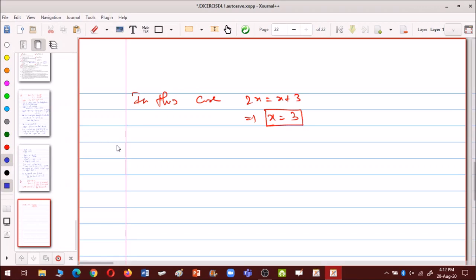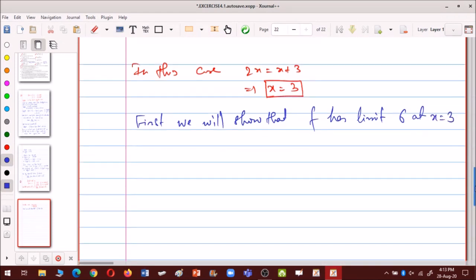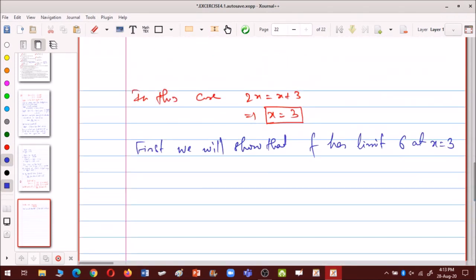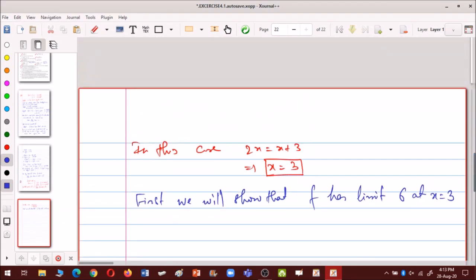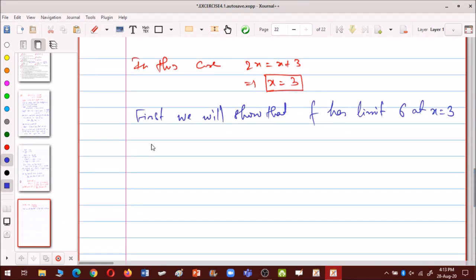So we will show that. First we will show that f has limit 6 at x equal to 3. So 6 I am finding by putting x equal to 3 in one of the two values. To show this, let epsilon greater than 0 be any real number.